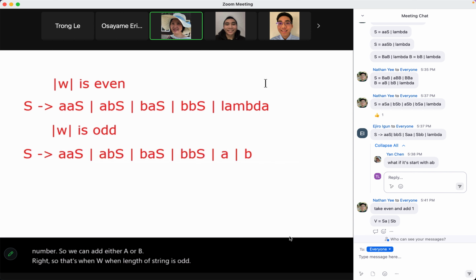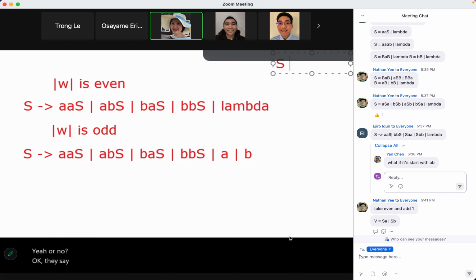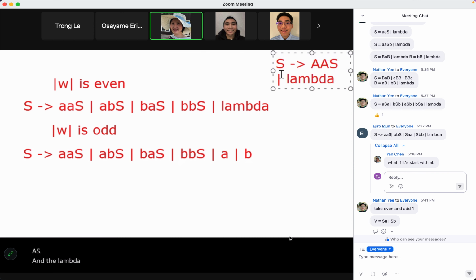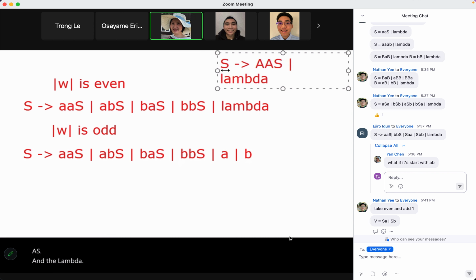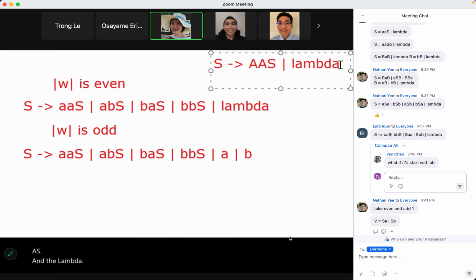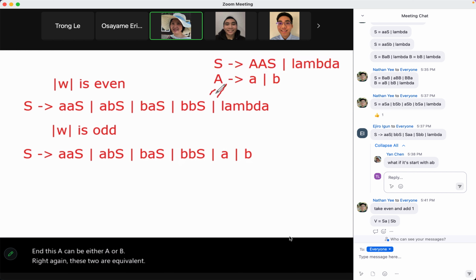Okay. Yeah. Or we can just say S is AAS and the lambda. And this A can be either A or B. Right. Again, these two are equivalent. You just write out each possibility.